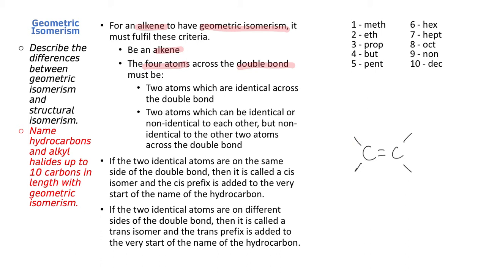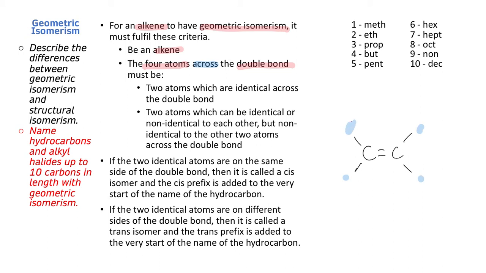These electron pairs here, here, here, and here will repel each other. So they form this little triangle shape here, where they're trying to get as far away from each other as possible. So this idea that this must be across the double bond means it's the ones in these four locations, okay?